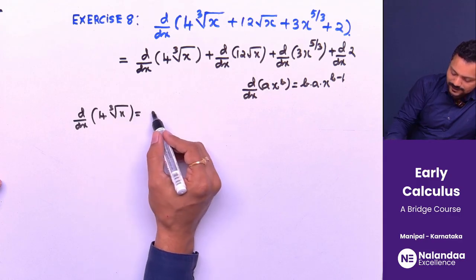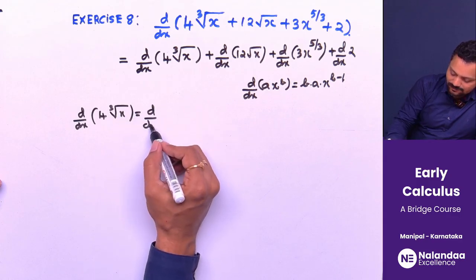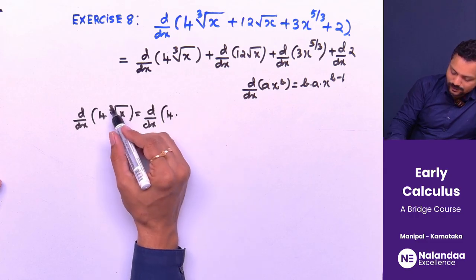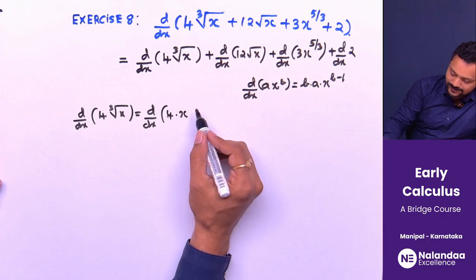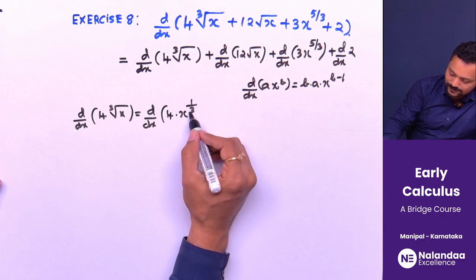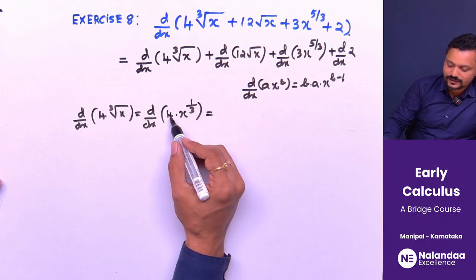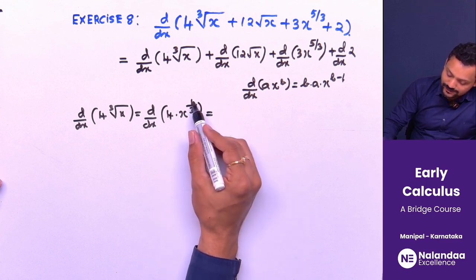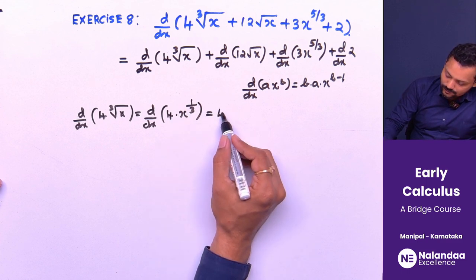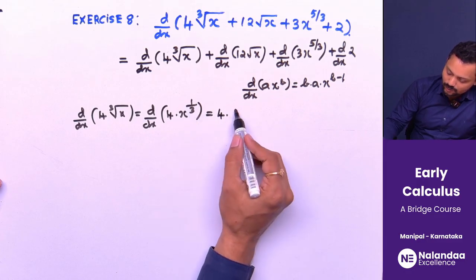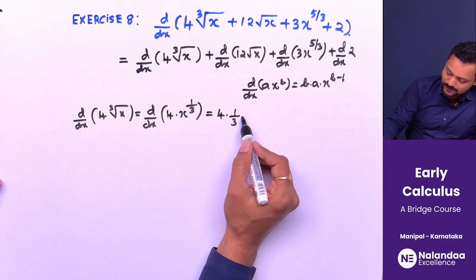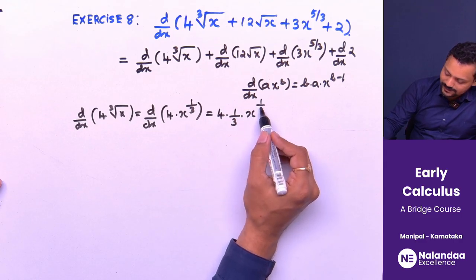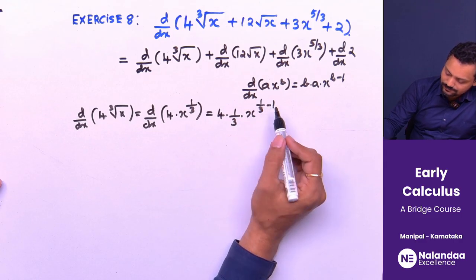Now this can be written as d by dx of 4 into x power 1 by 3, since cube root of x can be written as x power 1 by 3. Now this is of the form a x power b. So we can write it as 4 into 1 by 3 into x power 1 by 3 minus 1.